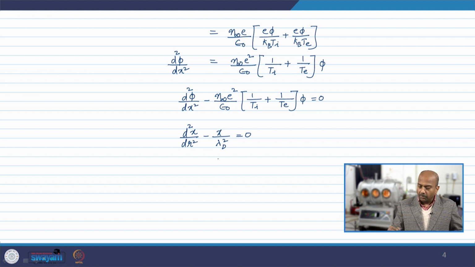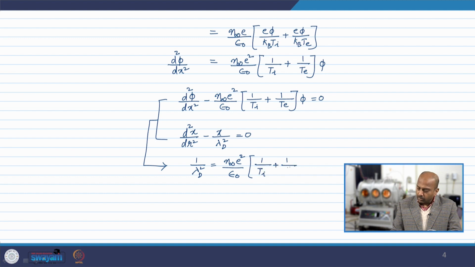Now comparing these two equations, what I can write is 1 by lambda d square is n infinity E square divided by epsilon naught into 1 by Ti plus 1 by Te.